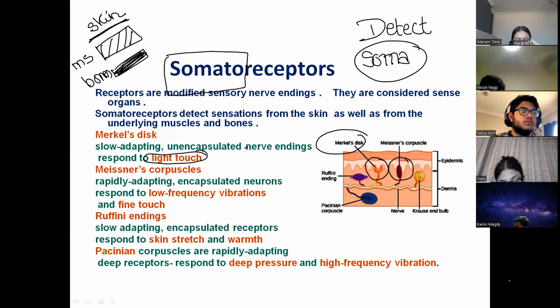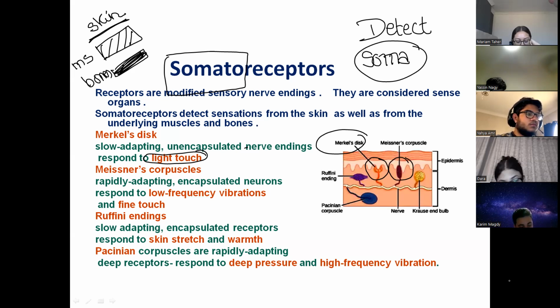Again, justify the importance of rapidly adapting receptors. Rapidly adapting receptors are important because they allow you to ignore the initial stimulus and start focusing or paying attention to the rest of the stimuli in the environment.